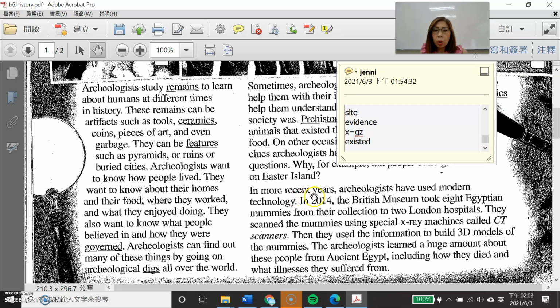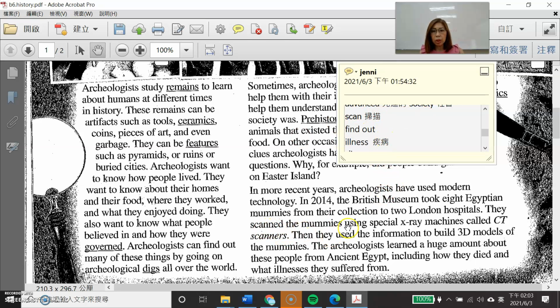Okay. In more recent years, archaeologists have used modern technology, 用比较现代的科技。In 2014, the British Museum took 8 Egyptian mummies from their collection, 他们的收集博物馆的收集 to 2 London hospitals. They scanned 扫描。Use a machine, right?